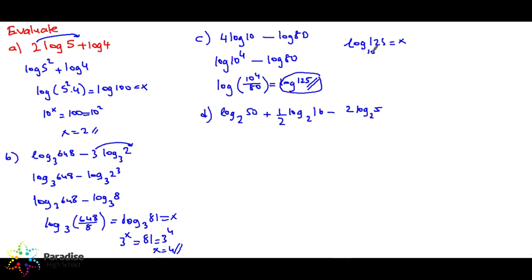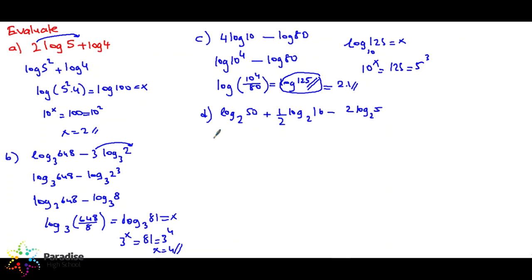What is the base here? 10. 10 to the power of x, we write as index form, 125. 125 is 5 cubed, so the bases are not the same. We can't say that x is equal to 3. What we can say is, we calculate log 125 by the calculator, and that makes 2.1. So the result is 2.1.